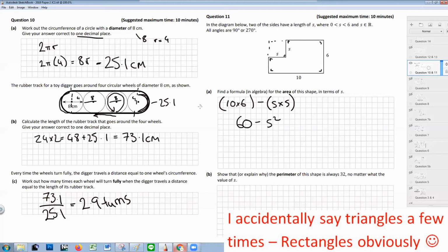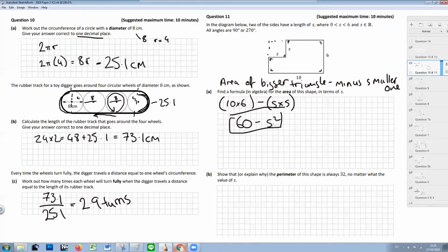Because we've taken the area of one bigger triangle, and then minus the smaller one. Yeah, and that's basically your equation. So 16 minus s squared.